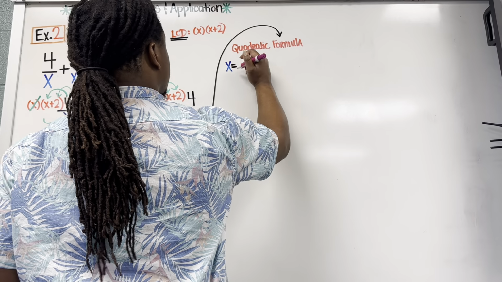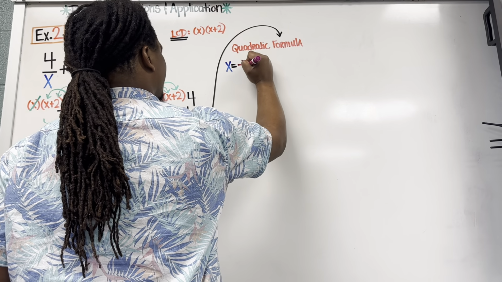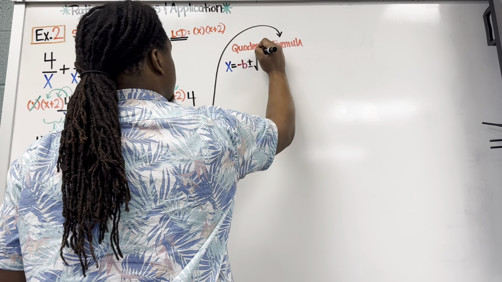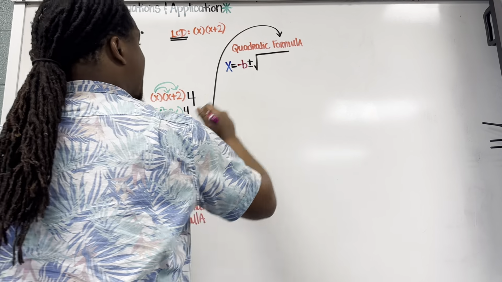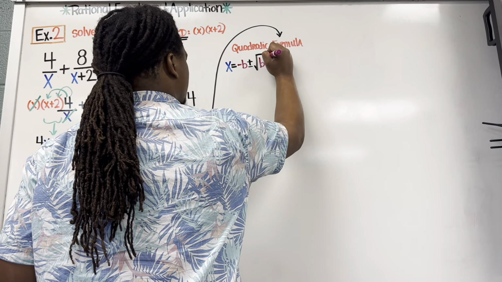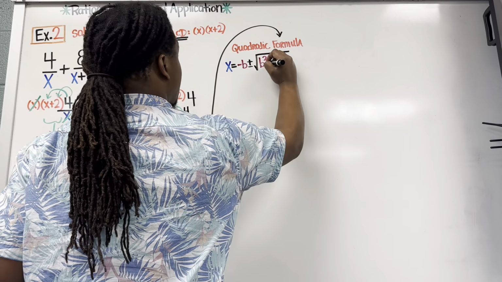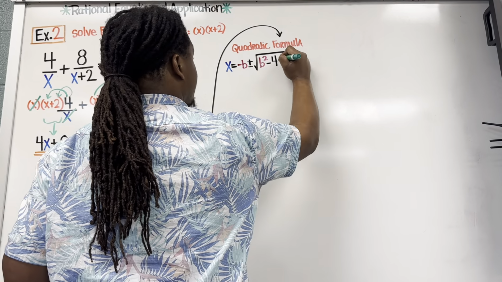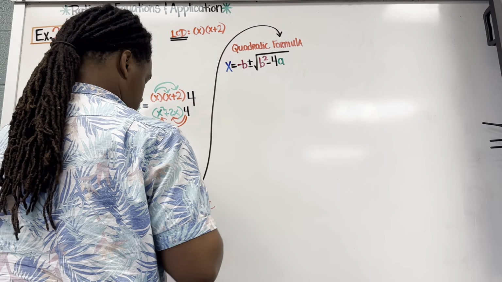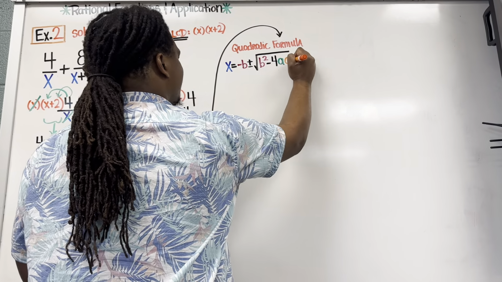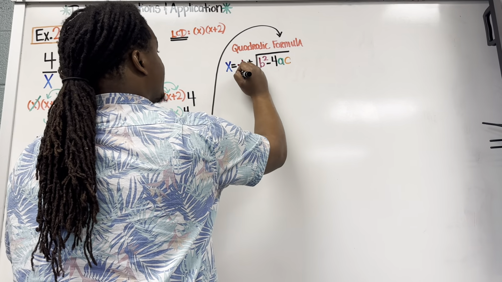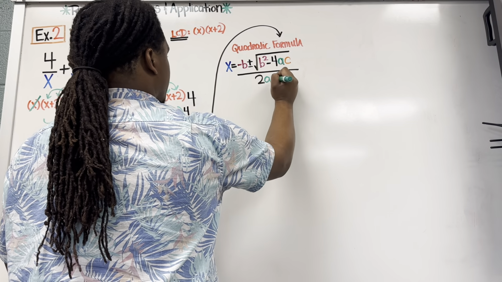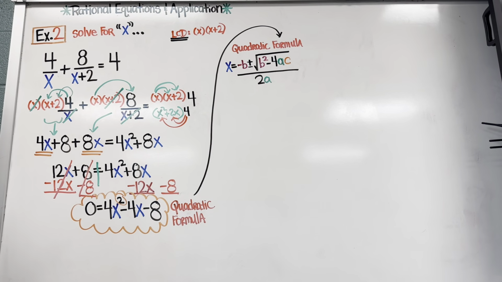Equals negative b plus or minus the square root of positive b squared minus 4 times A times C. All divided by 2 times A. So once again, guys, this is the quadratic formula, okay?